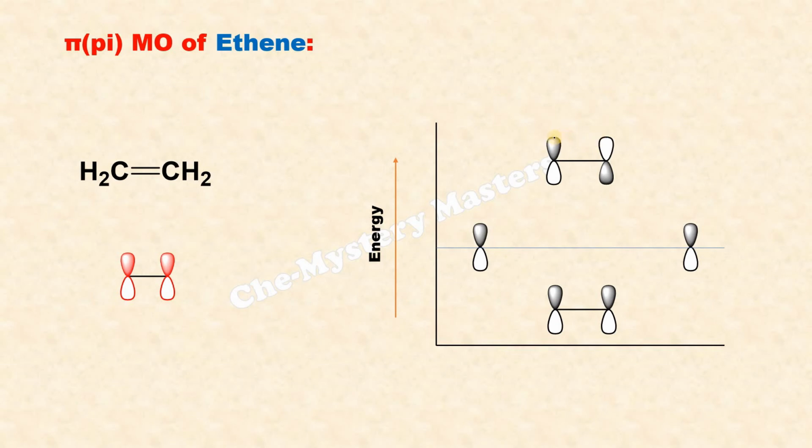This is known as destructive overlap, or you can say there is cancellation of the wave functions of these two orbitals. Because the two opposite types of lobes are present on the same side, the energy of the anti-bonding molecular orbital is always high as compared to the bonding molecular orbital.